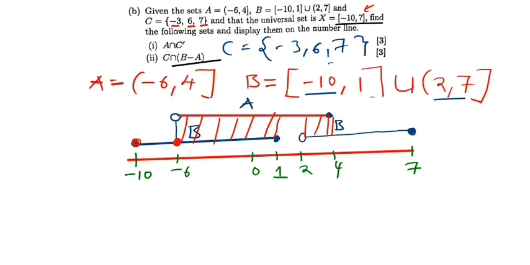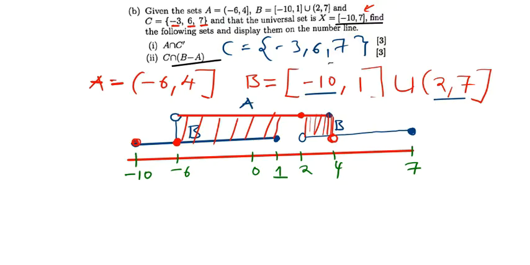And then this part is very well shaded for A, the 2 part. So 2 is part of A. It can't be part of B. And then this part as well, A is shaded from 2 up to 4. So we have to remove it from B. So B at 4 would be a ring that is not what?